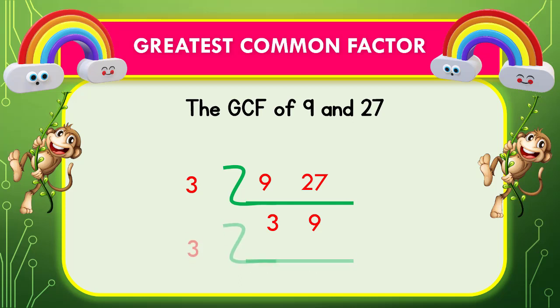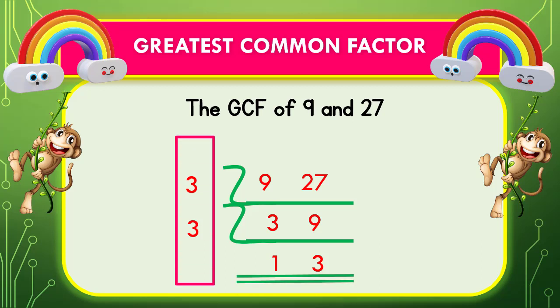Next, what number can divide 3 and 9? It's 3, right? So 3 divided by 3 is 1, and 9 divided by 3 is 3. So what is the greatest common factor of 9 and 27?